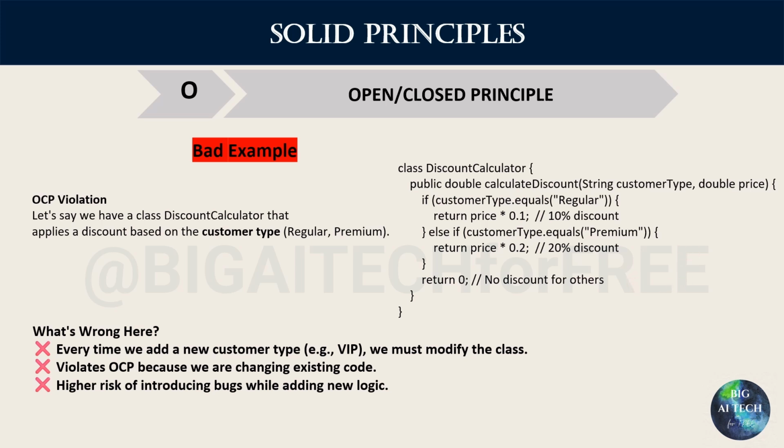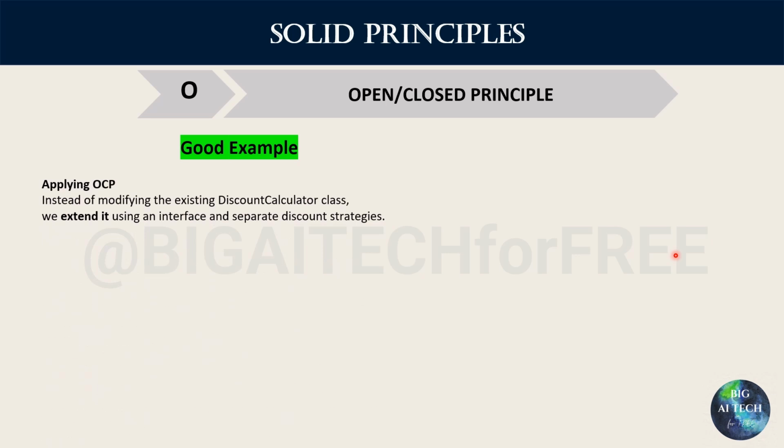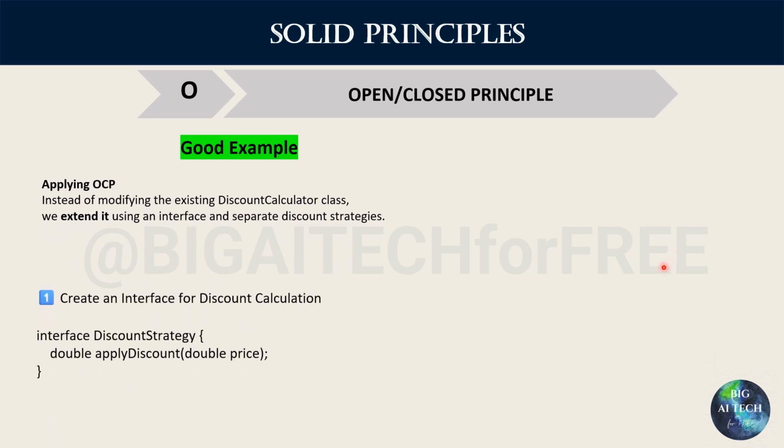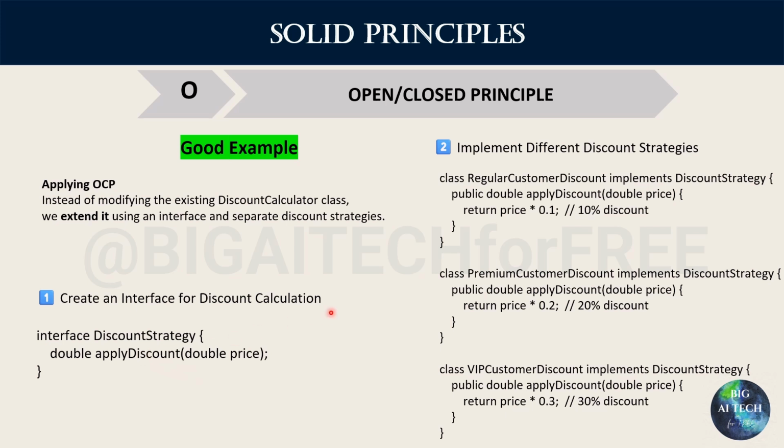Let's see a good example. Instead of modifying this existing DiscountCalculator class, we can extend it using an interface and separate these discount strategies. Here you can see what I'm talking about. Separate out that functionality, this applyDiscount, into an interface. Every customer discount type implements this interface and has its own class.